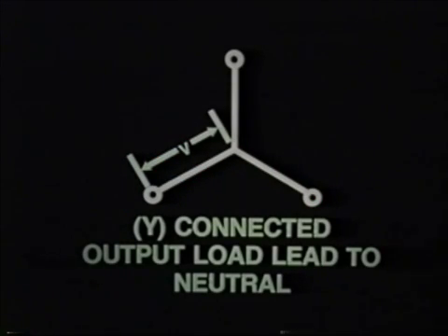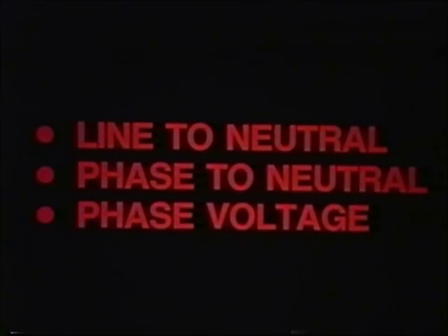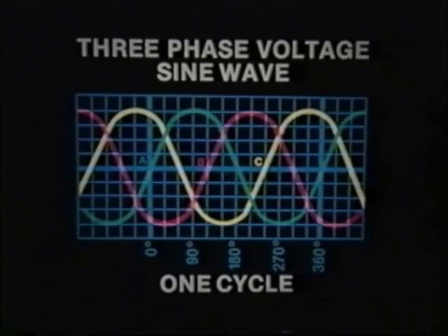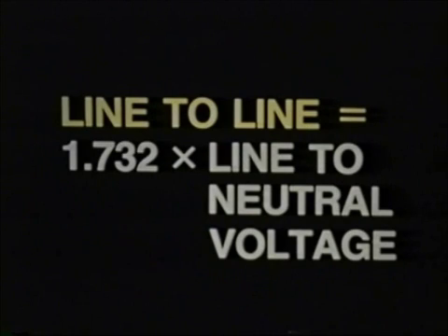The voltage generated in each phase of the Y-connected alternator, measured from any output load lead to neutral, is called line to neutral, phase to neutral, or phase voltage. Keep in mind that there is a displacement of 120 electrical degrees between each phase. Therefore, the voltage measured line to line is equal to 1.732, or the square root of 3, times the voltage of one line, as you should remember from our previous program.